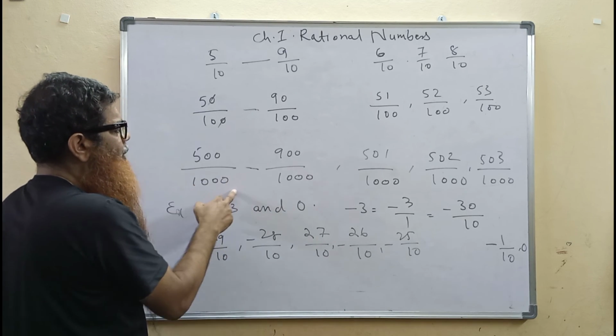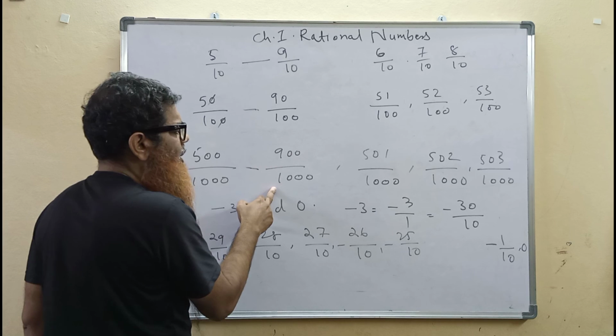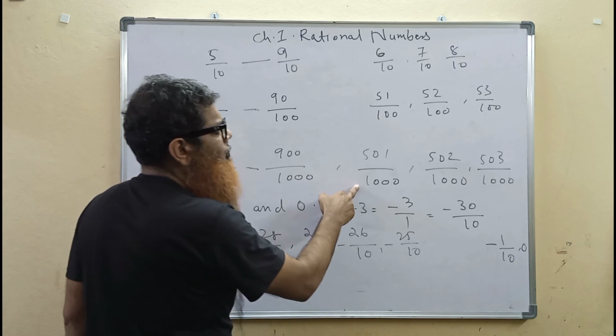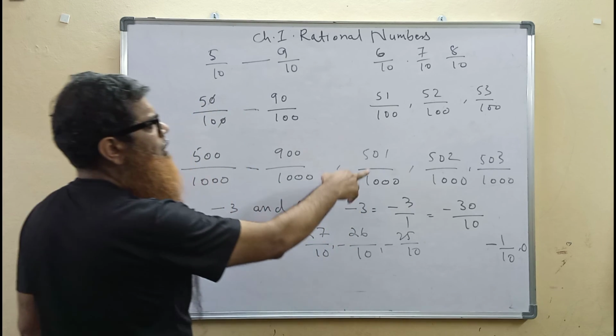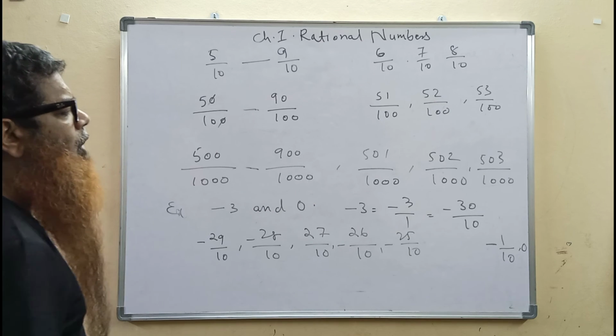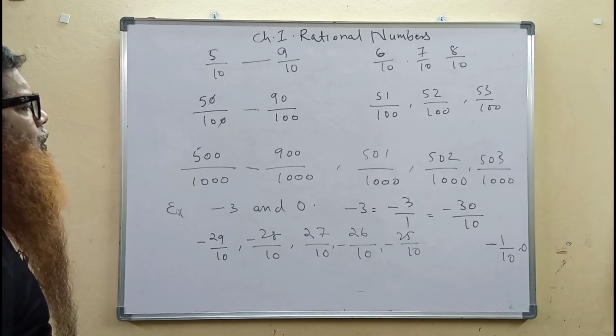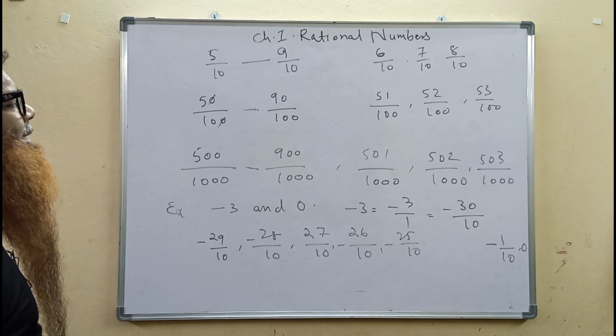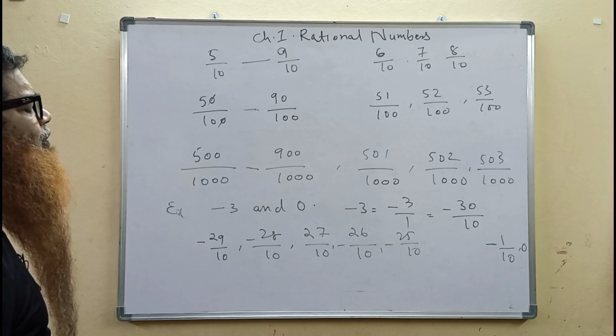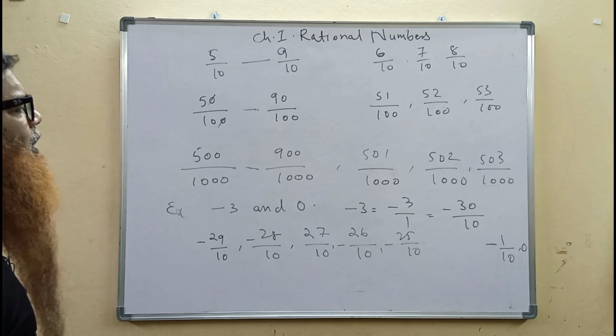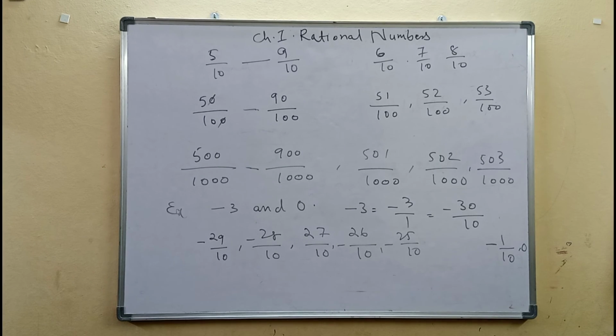So we have 500 by 1000 and 900 by 1000. In between we have 501 by 1000, 502 by 1000, 503 by 1000. In this way we can write as many rational numbers between any two given rational numbers.